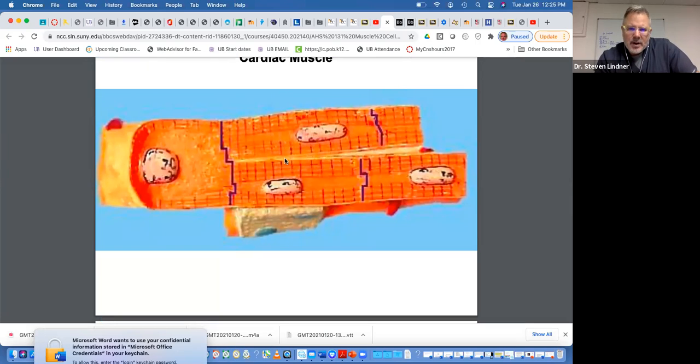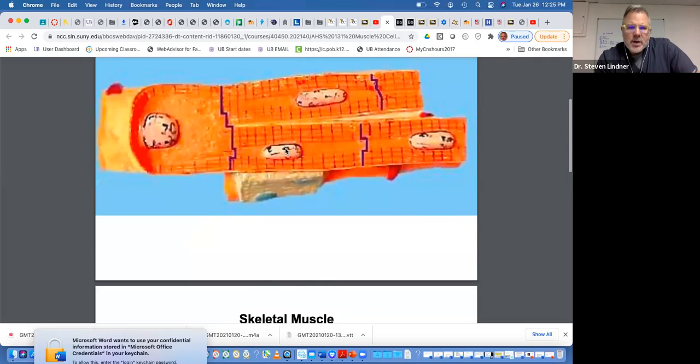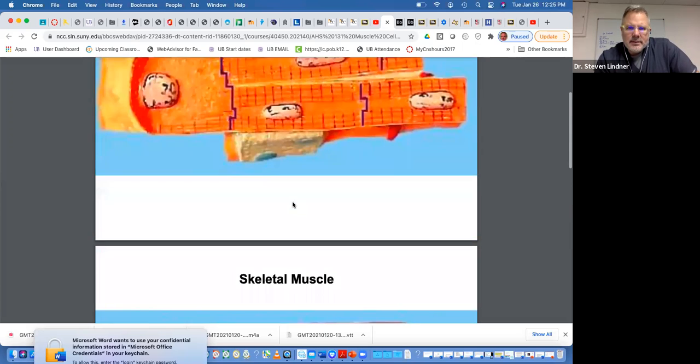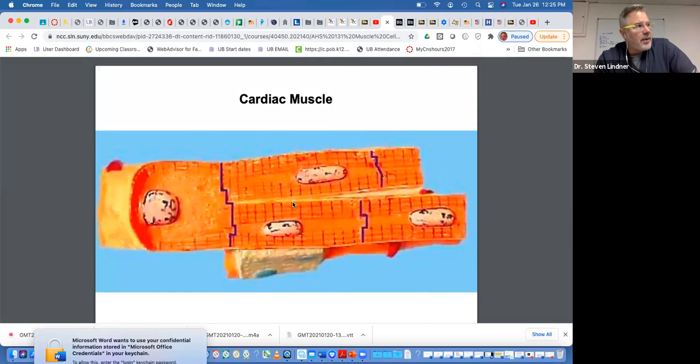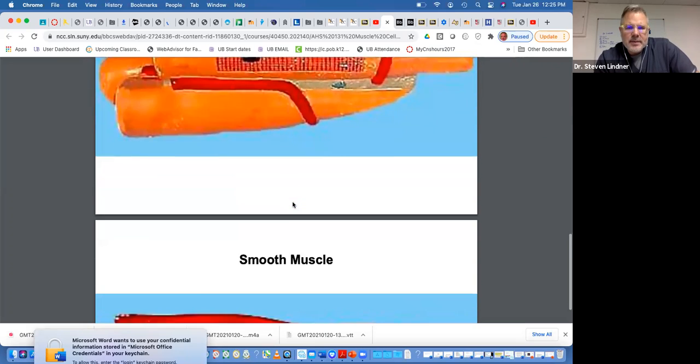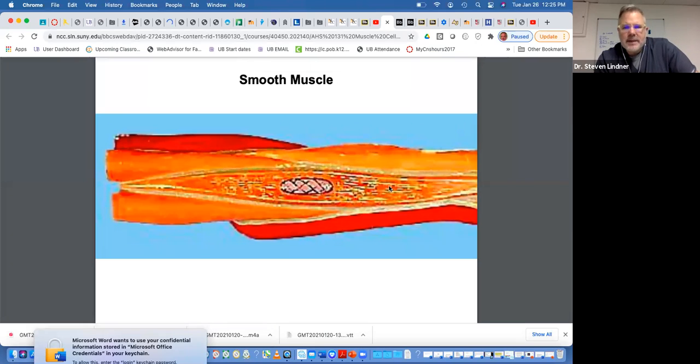Some are going vertical, some are going horizontal, but it looks striated. When we look at skeletal muscle, this too looks striated, looks like a grid. But smooth muscle, on the other hand, is smooth. There are no striations involved.